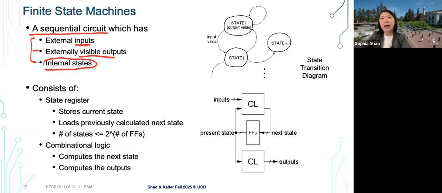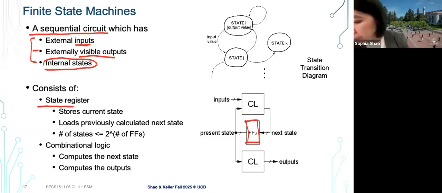And fundamentally, when you think about how this gets materialized in hardware, of course you need a state register. The registers we talk about are the memory elements, flip-flops, that store the current state. But then you also need combinational logic to help you determine how you propagate input to output.